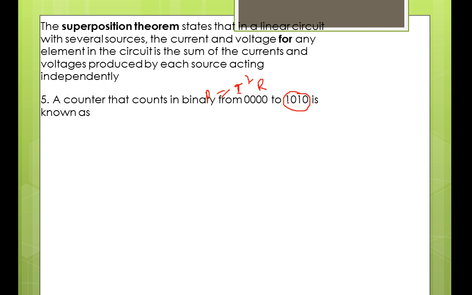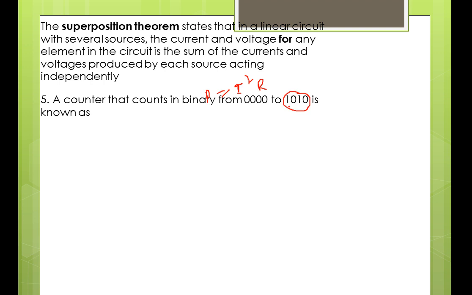Here I am having 1010, that means 4 digits: 1 into 2 power 3, 0 into 2 power 2, 1 into 2 power 1, 0 into 2 power 0.